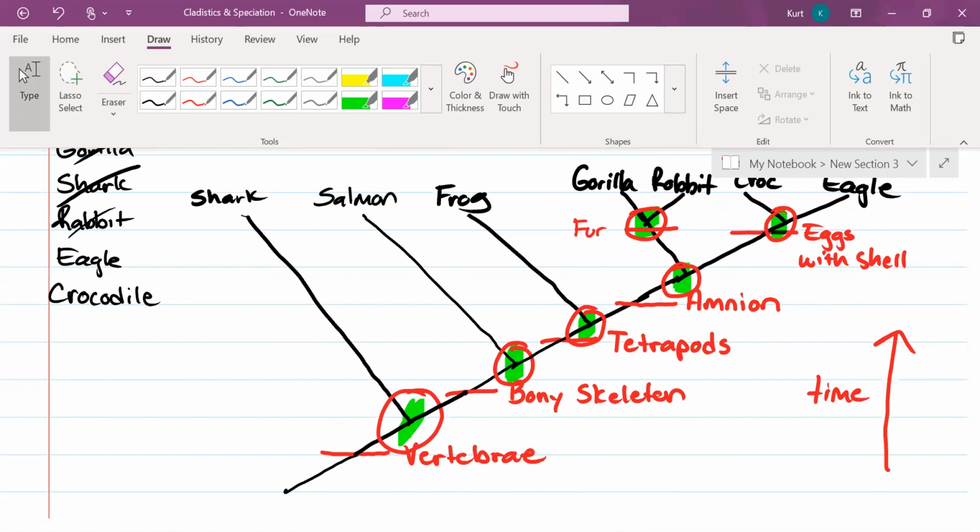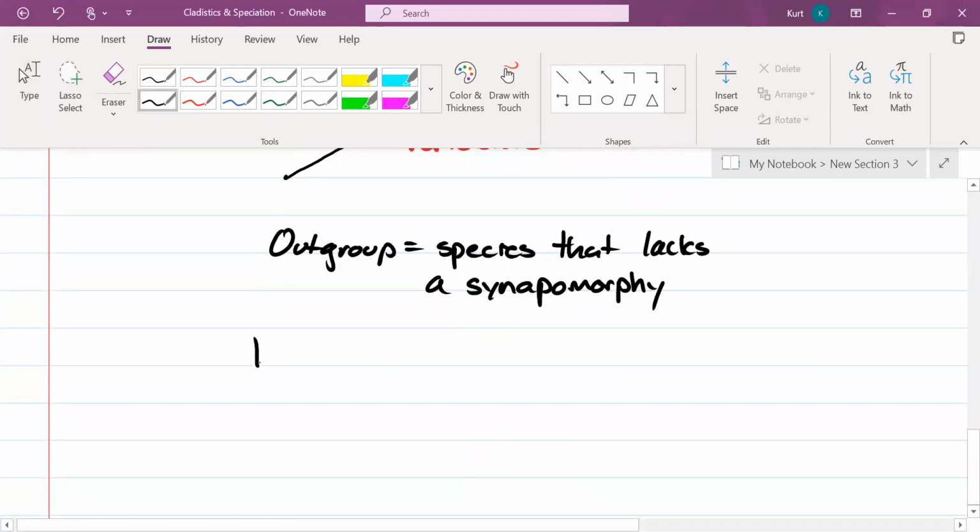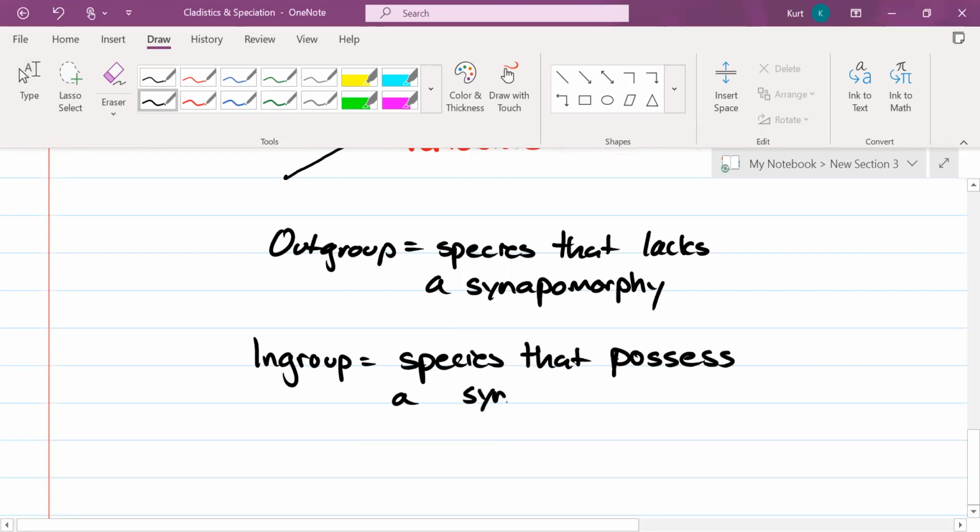Or then you could say the salmon was the next outgroup. It lacked 4 limbs. We have the in-group, which are the species that possess a synapomorphy.